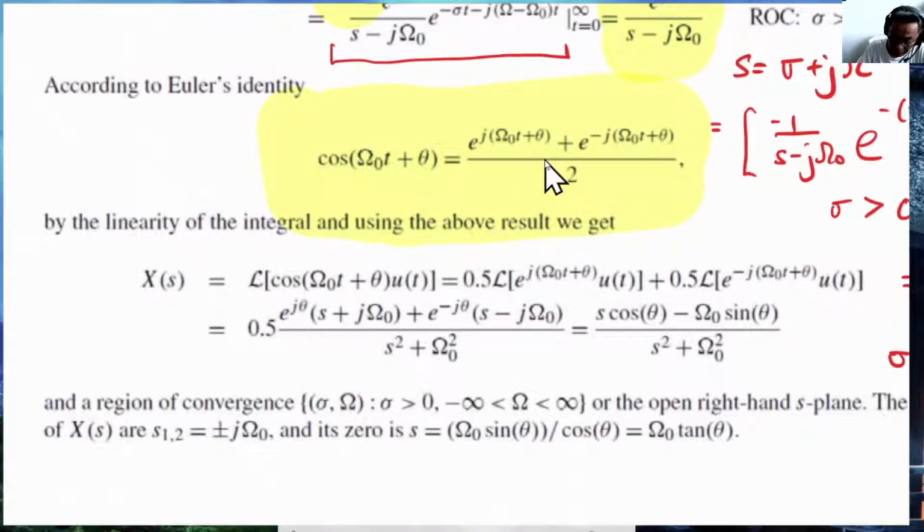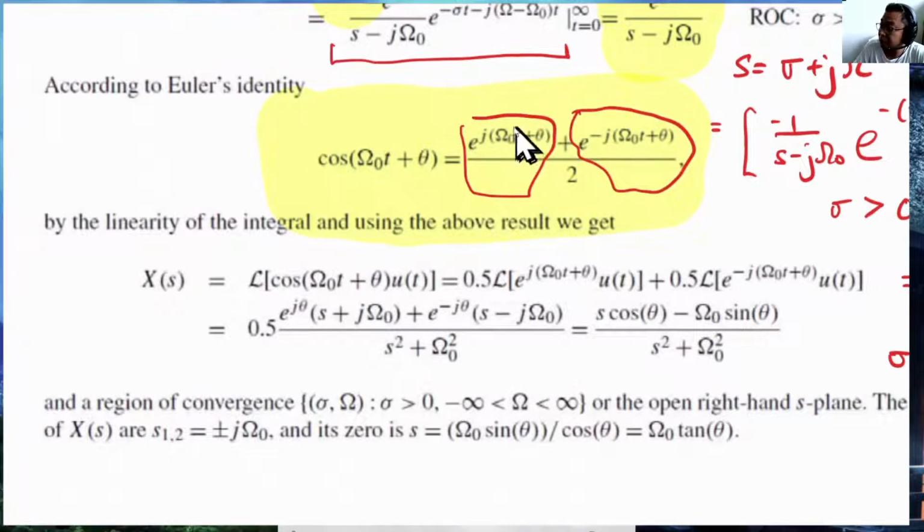Now remember again that the Laplace transform is a linear operator. You can simply perform the Laplace transform of this plus the Laplace transform of this, divided by 2. So this is exactly what you have done here.